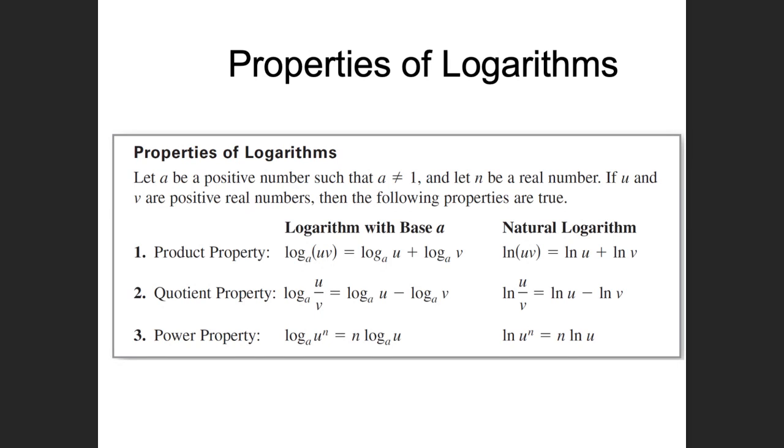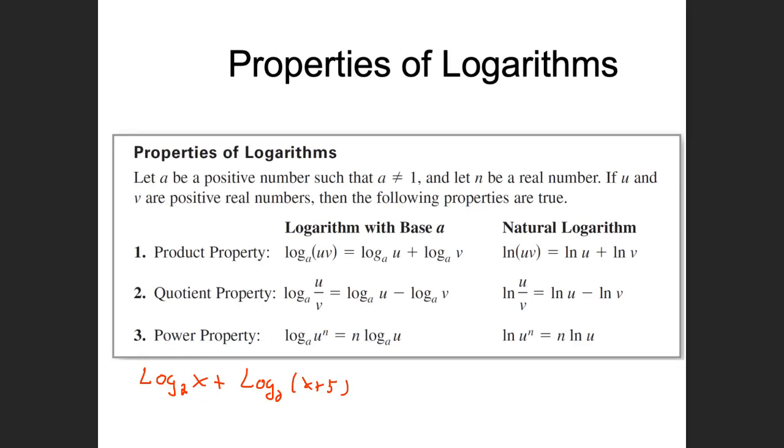So here, this is called the product property. If you have the log base a of u times v, that equals the log base a of u plus log base a of v. It also works for natural logs too. Usually you'll be given something like this: the log base 2 of x plus the log base 2 of, let's say, x plus 5.